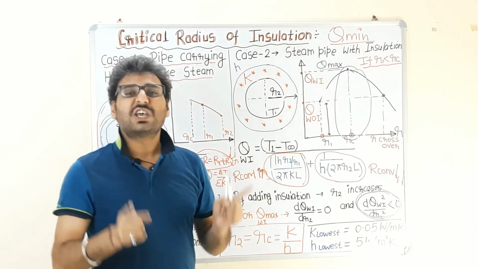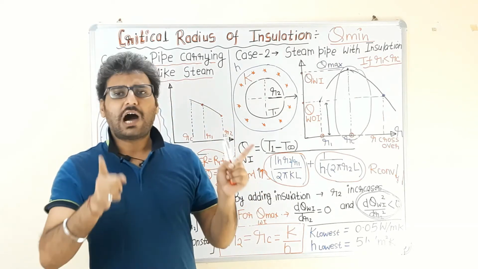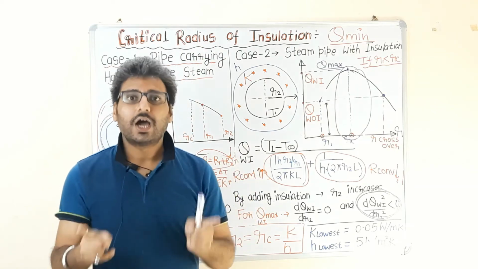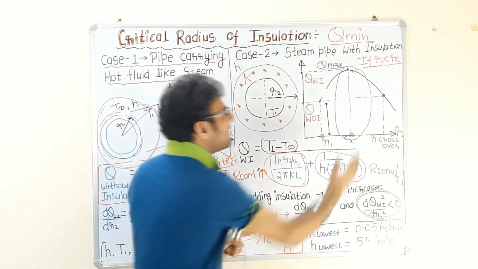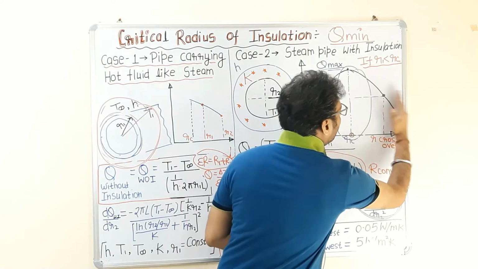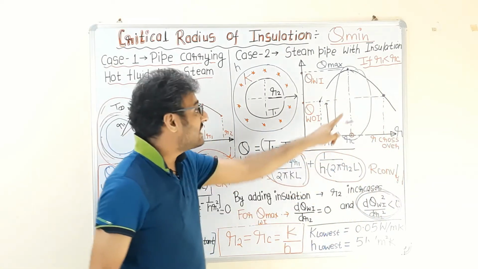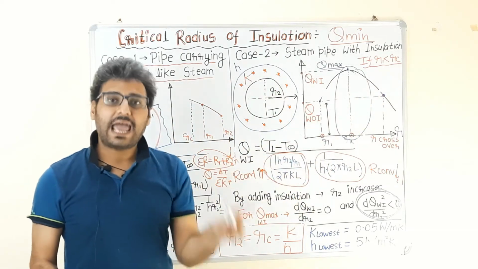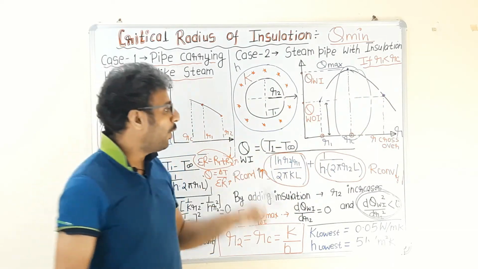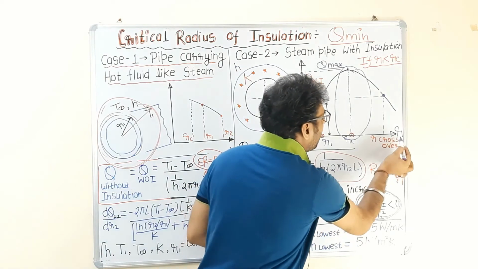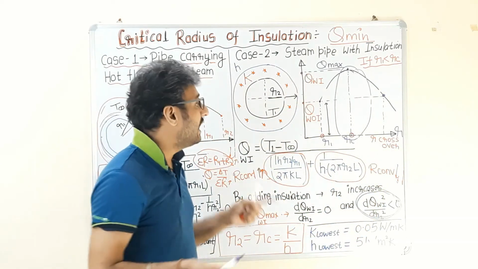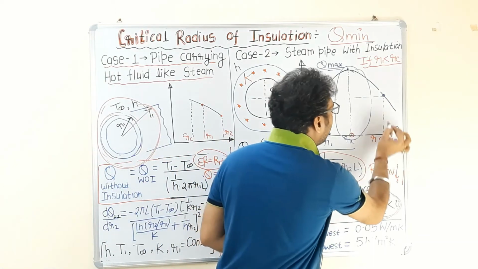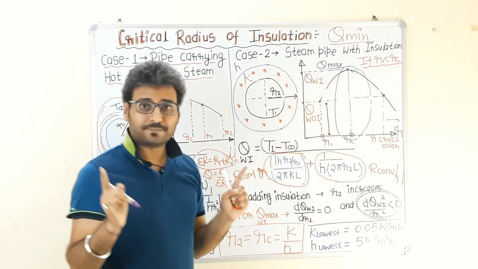Why? Because we have to design our thermal system in such a way that our radius of insulation is greater than R crossover. This is a very important parameter which is not discussed in any UG level book. Our motive should be that our thickness of insulation is higher than R crossover.